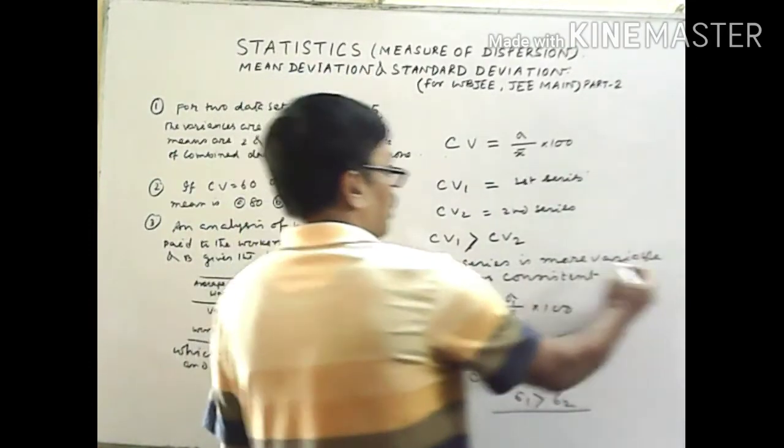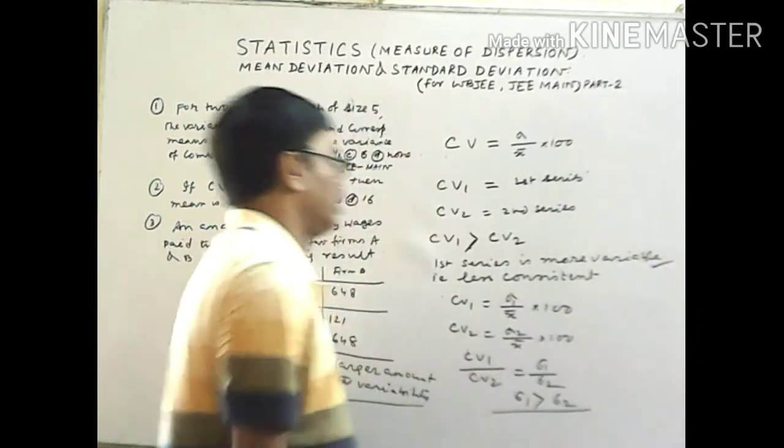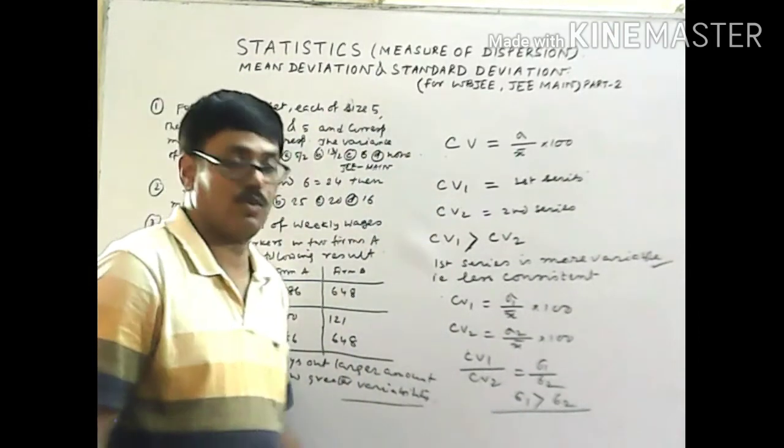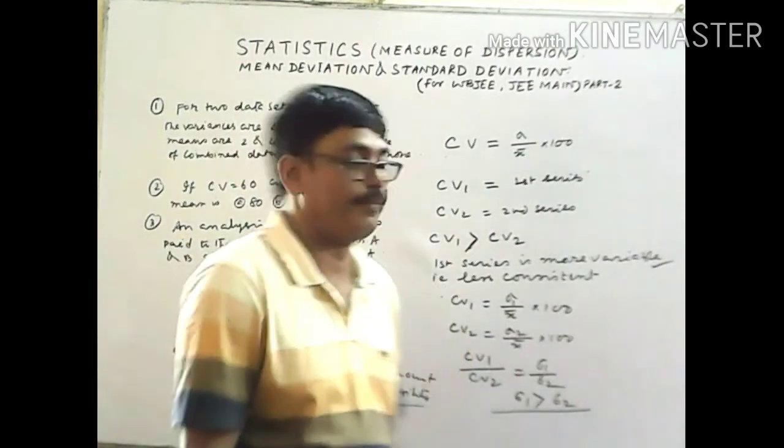Therefore, the first series is more variable, that is, less consistent. So we need this idea.